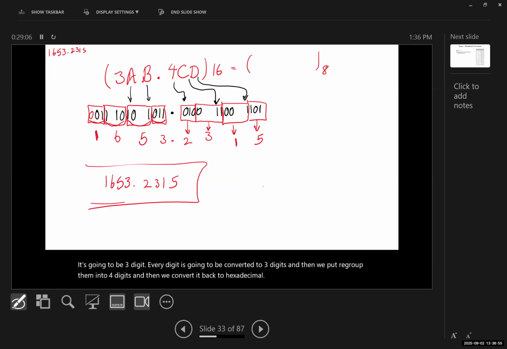And this is another example going from a hexadecimal to binary. B is 1011, A is 1010, and 3 is 0011.